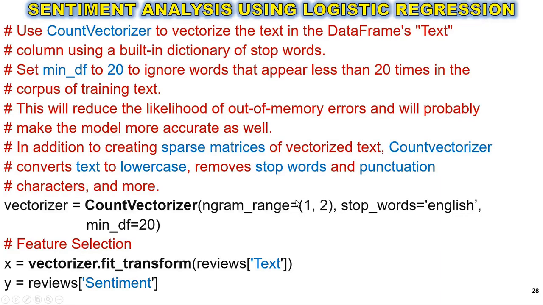In addition, the CountVectorizer will convert the text to lowercase, remove stop words and punctuations, and then create a sparse matrix of counted frequency of words, which match the built-in dictionary or the corpus.